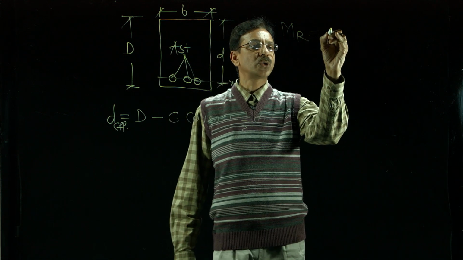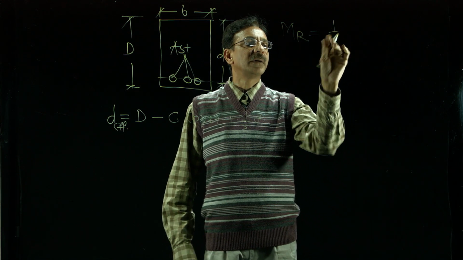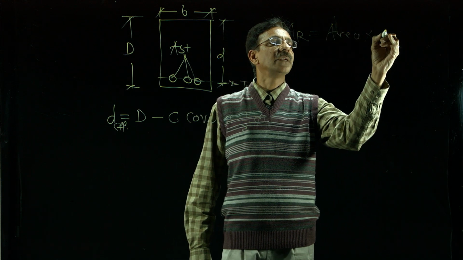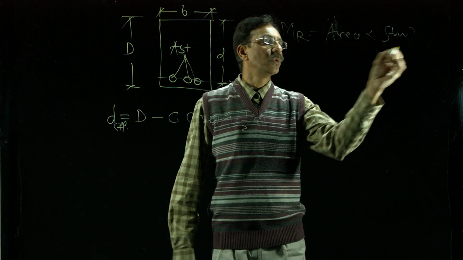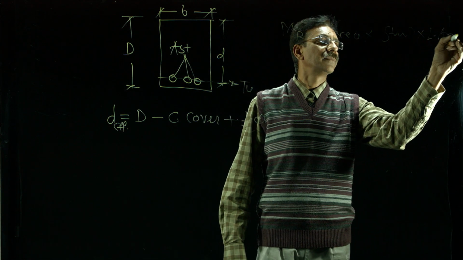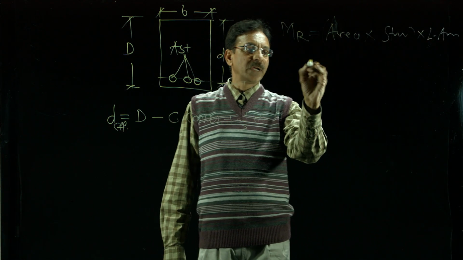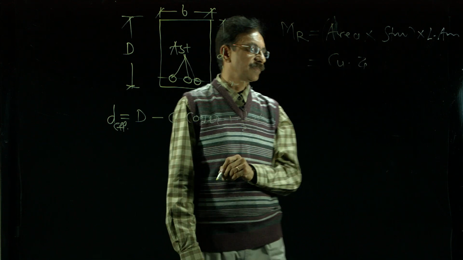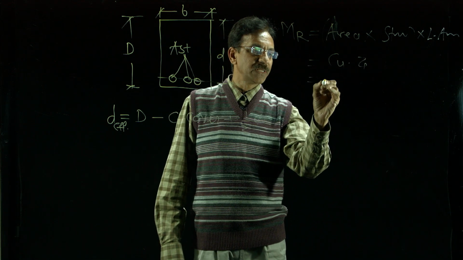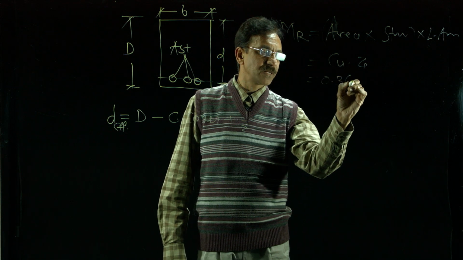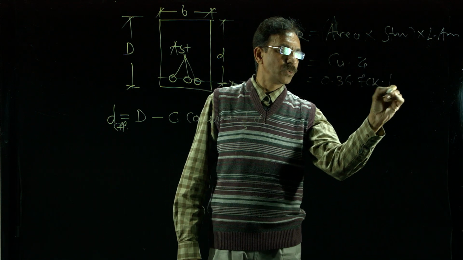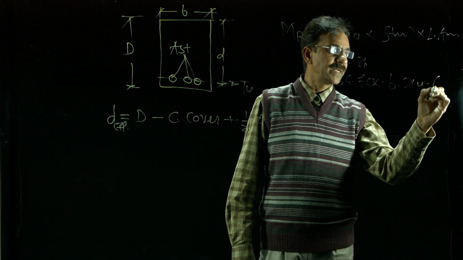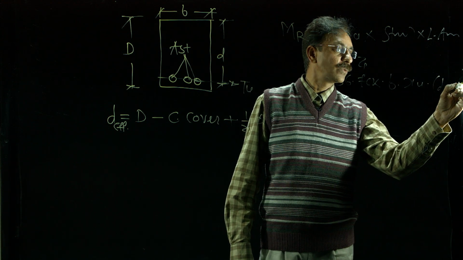That is equal to area multiplied by the stress into the lever arm. So, if it is total compressive force, that is Cu into Z, where Cu is nothing but 0.36 FCK into B into XU, multiplied by Z, which is D minus 0.42 XU.